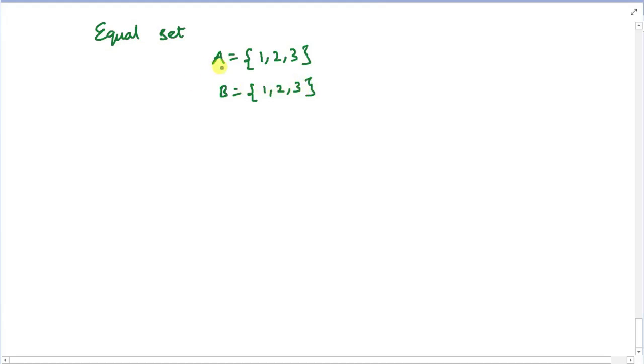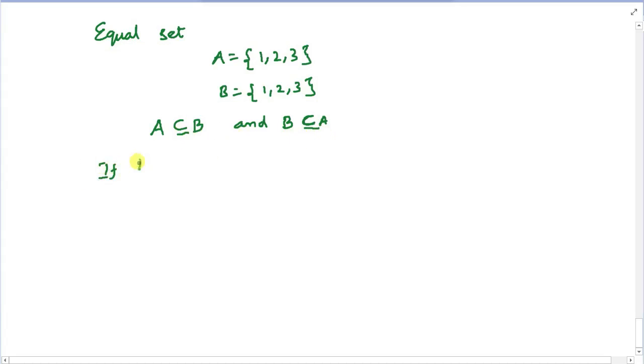So we can say every element of A is in B and every element of B is in A. So I can write A is subset of B and also B is subset of A. So if the A is subset of B and B is subset of A, then we can say sets A and B are equal sets.